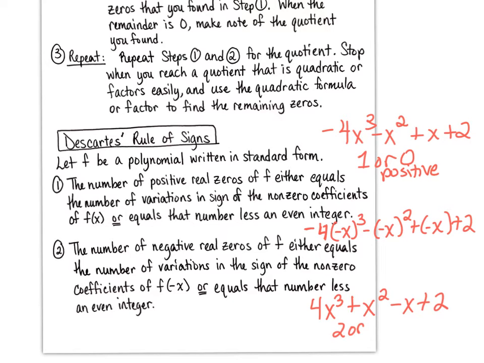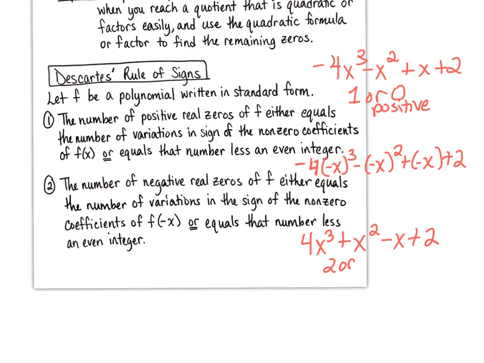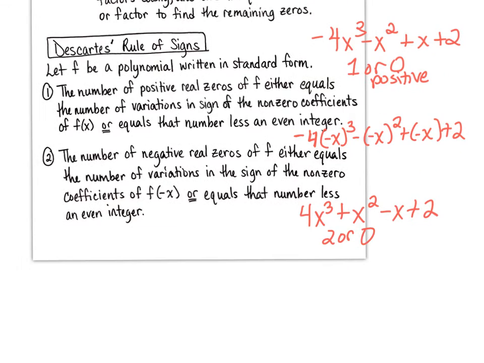What does it mean here? So you would have 2 or 0 here. What's the degree of your polynomial? How many zeros do you have to have? 3. So that means you're going to have 1 positive and 2 negative zeros.